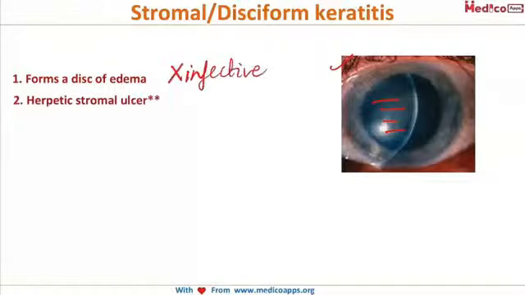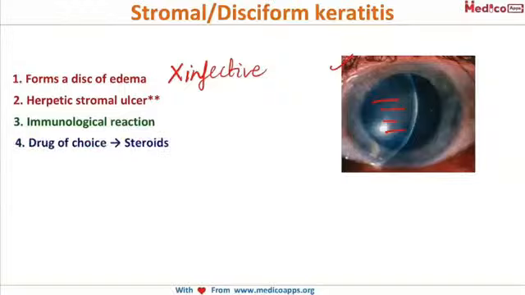It is an immunological reaction of the body. It is an immune response towards the infection that is causing your disciform keratitis, or a disc of edema in the stroma. And obviously, because there is no infection over here, and I have told you earlier that in one type of keratitis you can use steroid, this is the answer for that question.